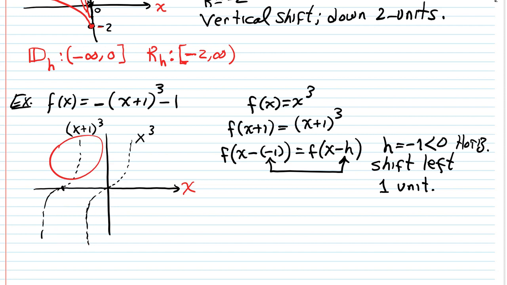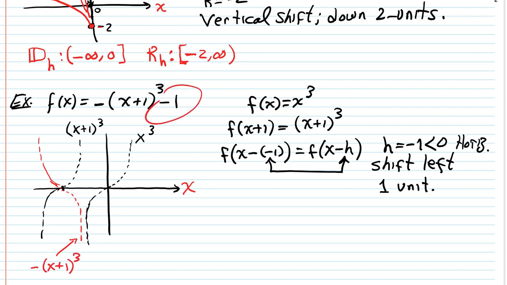So I'm just going to redraw that part here. And this portion of the graph is actually going to go up here because of the reflection. So I'm just going to reflect this one like that. Okay, and at this point, the red is actually negative of x plus 1 cubed.